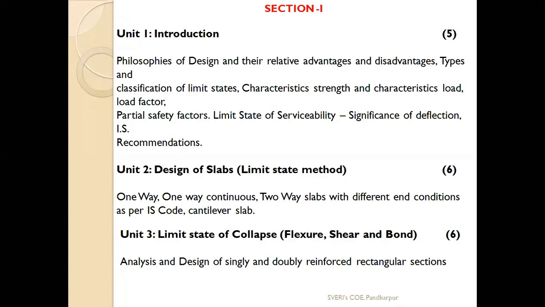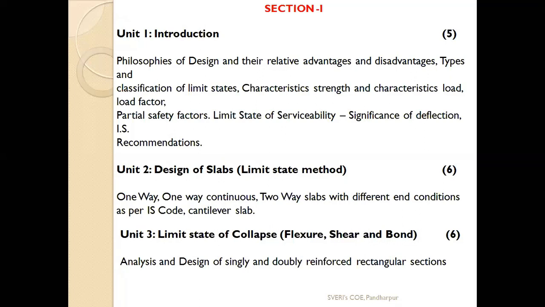So basically, how many types of design methods are there? Three types: first is working stress, second is ultimate stress, and third is limit state. Now in India and all over the world, almost always the limit state method is used for design purposes.